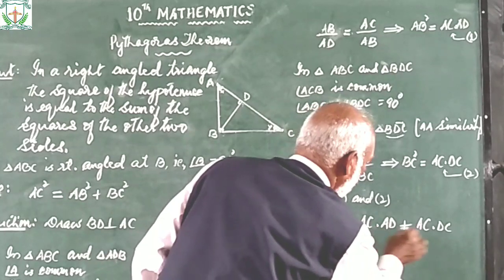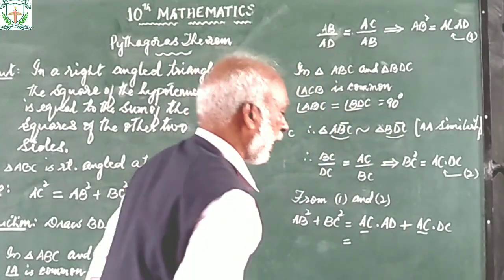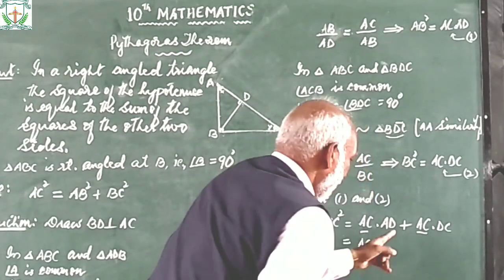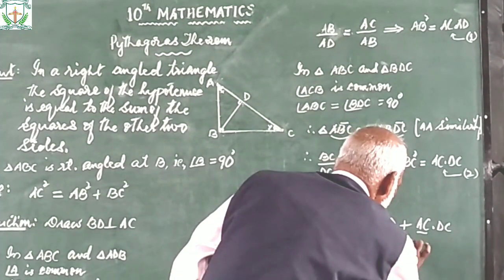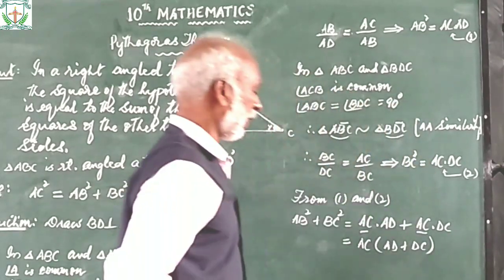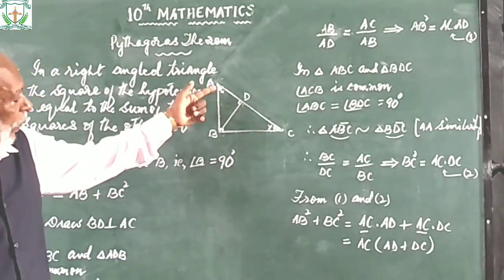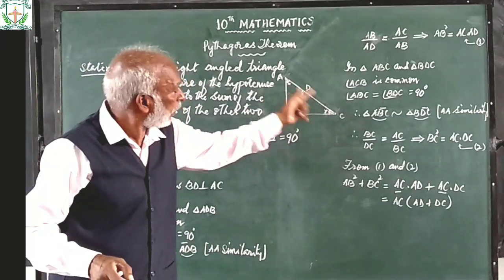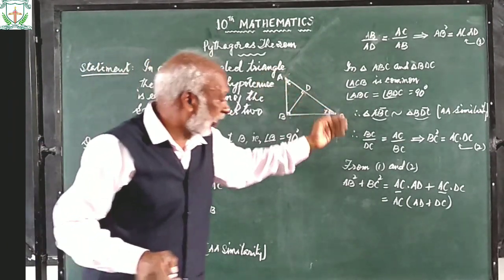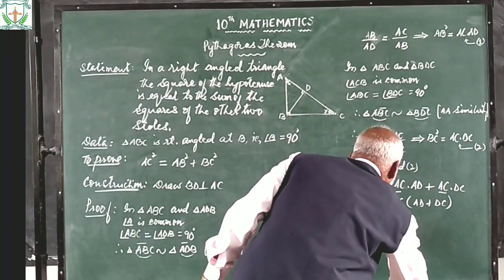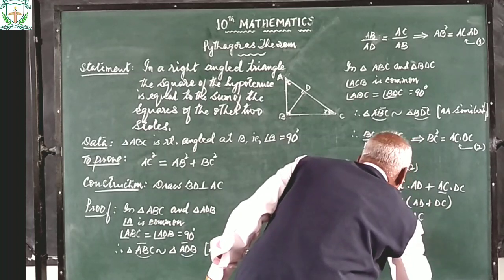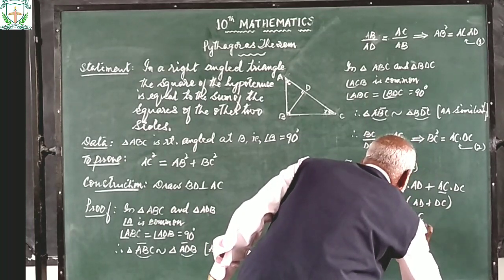So here AC is common, so take it out. AD plus DC. Now look at this figure. What is AD plus DC? Can anyone tell me? Yes, it is AC itself. So AC into AC is nothing but AC square.